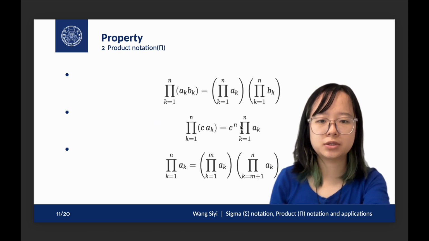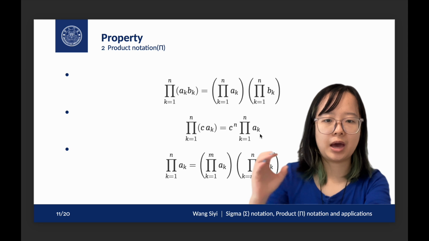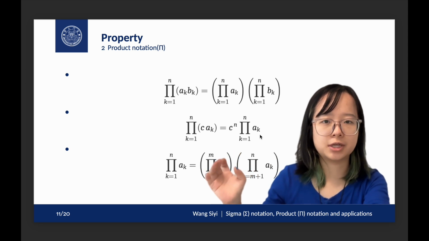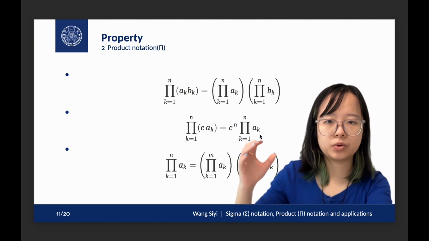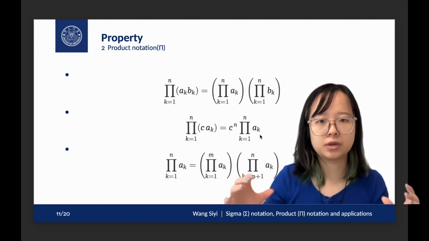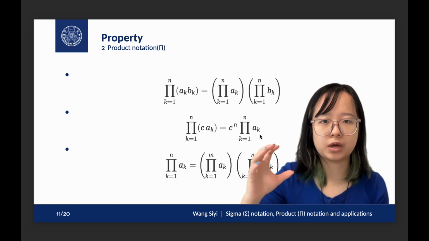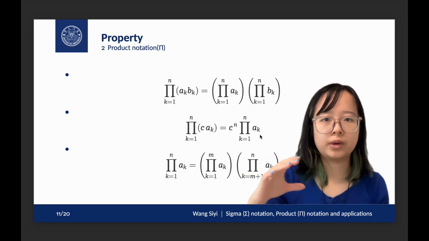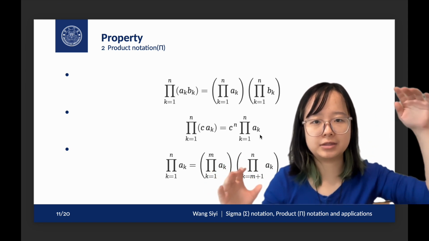What's interesting is that we cannot just put C outside of our product notation, because every number is multiplied by C and they are multiplied together. So there are C times n times, and we must put C outside as C to the n.